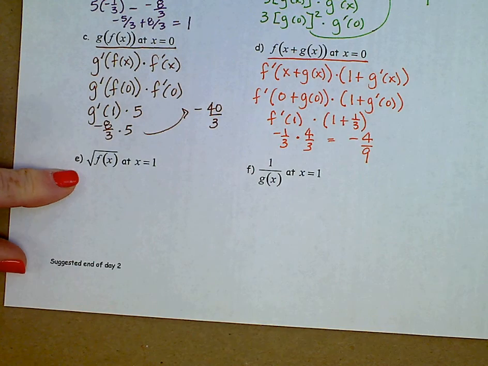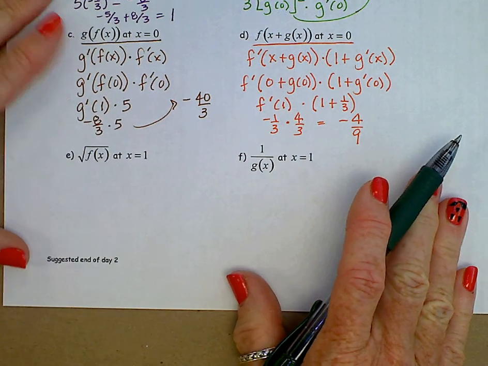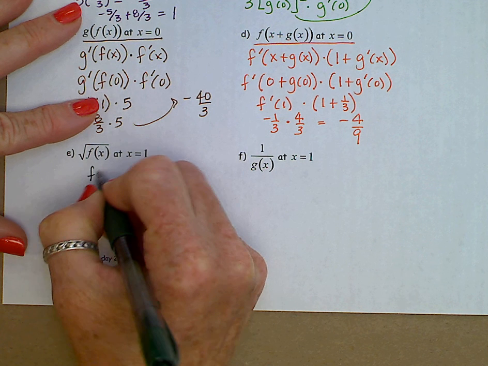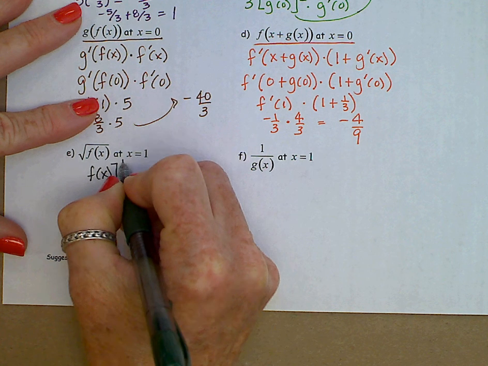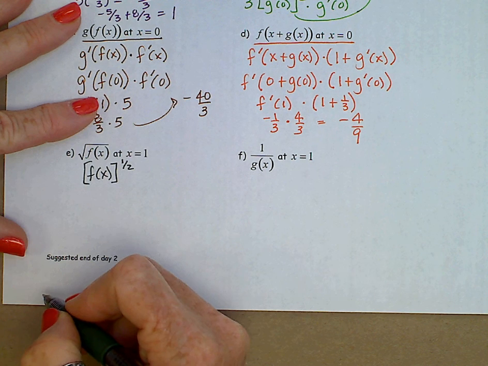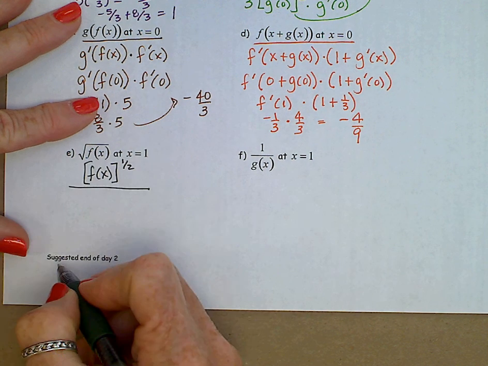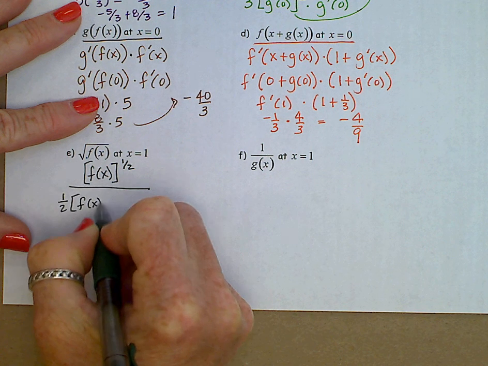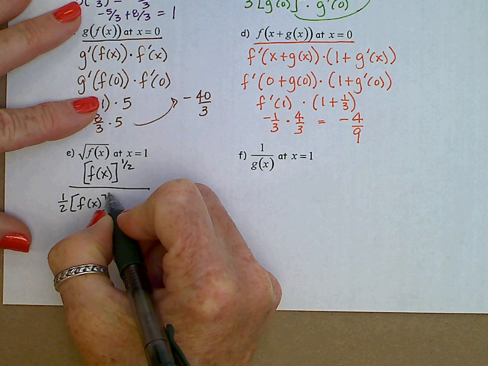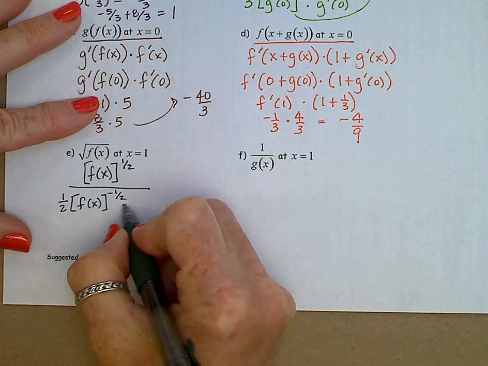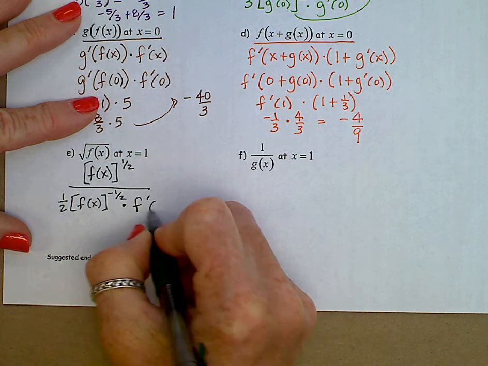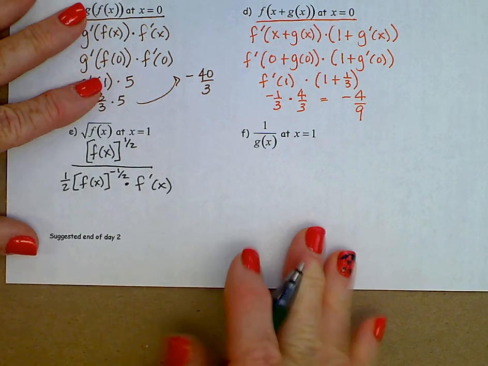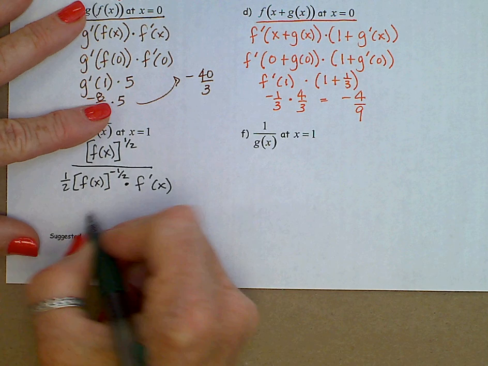How about this one down here? Oh, we've got that radical in here. Again, rewrite this: f of x to the half. Now do a derivative. Start on the outside. Pull the half down. F of x to the negative half times the derivative of the inside, f prime of x. And we're going to evaluate this at 1.